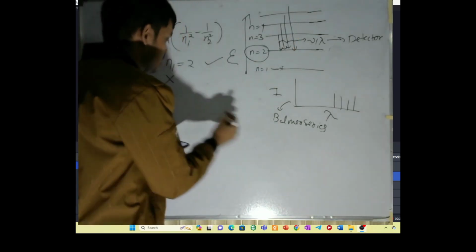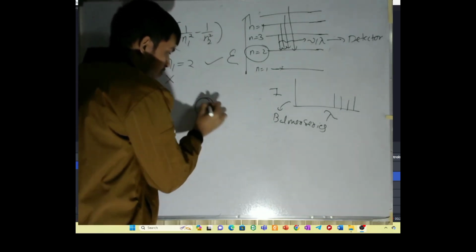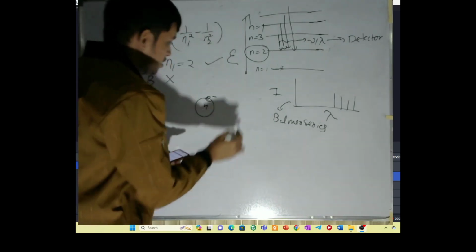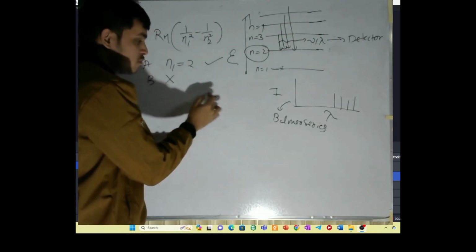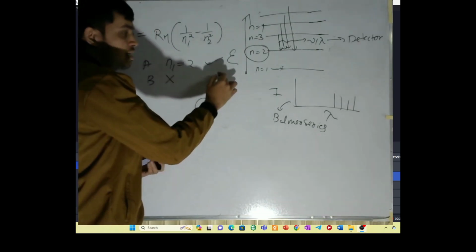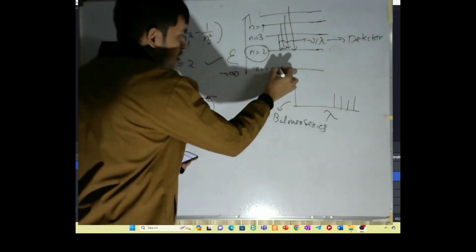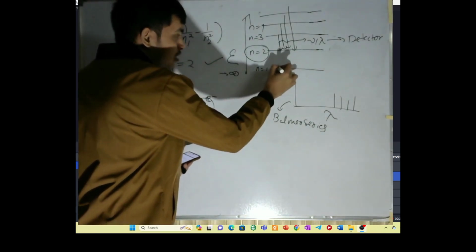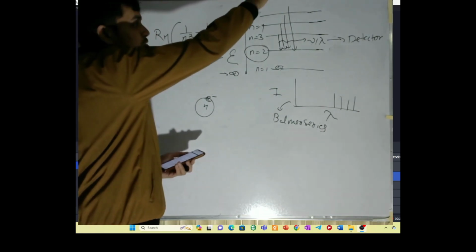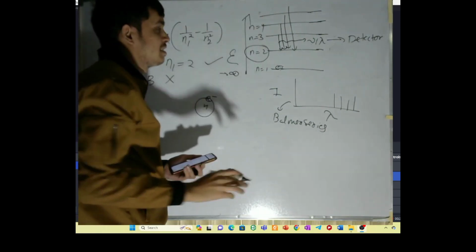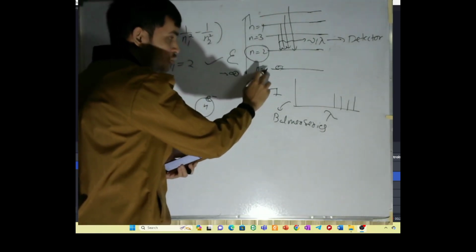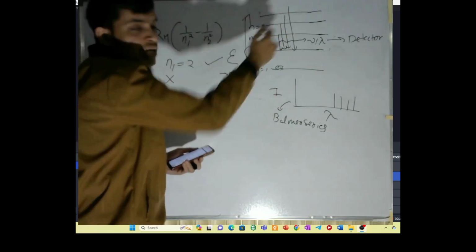No, because in the case of a hydrogen atom, what is ionization energy? The amount of energy required to remove the electron from this shell to infinity. That is basically the ionization energy. It means n1 should be 1, then only can we calculate ionization energy.